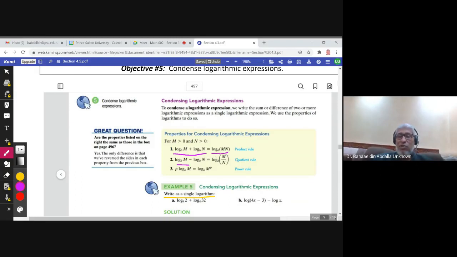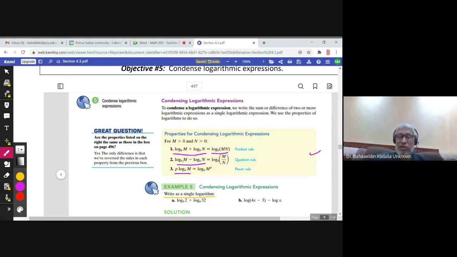Two logs with minus between them change to one log with division inside. If you have a number p multiplied by the logarithm from outside, you take it to the power, so you make it log m to the power p. These are the same properties, but now we are using them in the other direction.